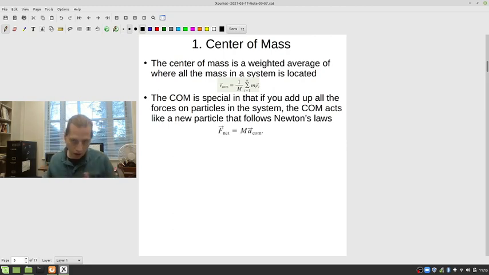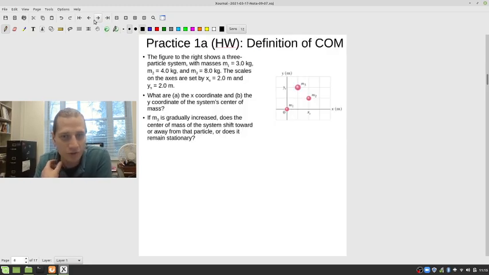But often, if we're just going to look at how the center of mass is moving in a system, we're going to have to include part of the forces as coming from outside the system. Okay, I think that explanation may have been more confusing than it was helpful. Okay, let's do a couple problems that are hopefully straightforward enough that they're not going to confuse you.